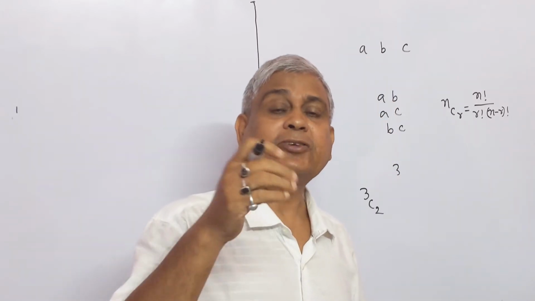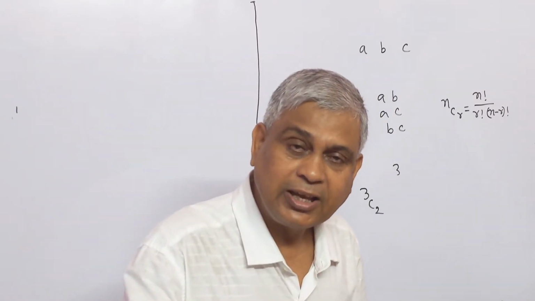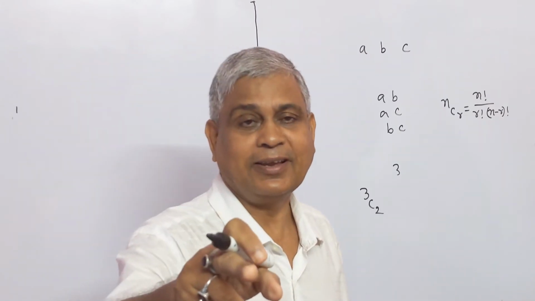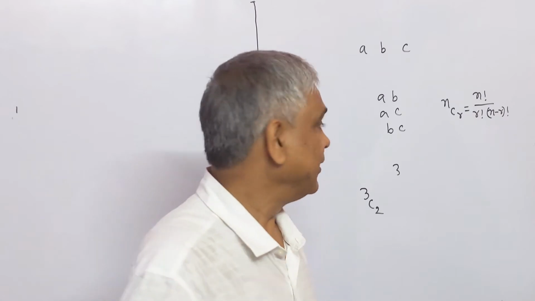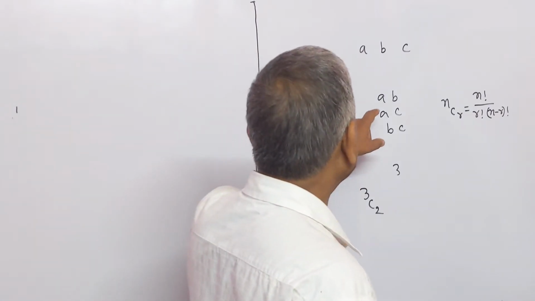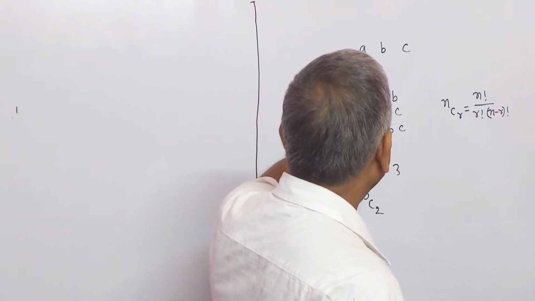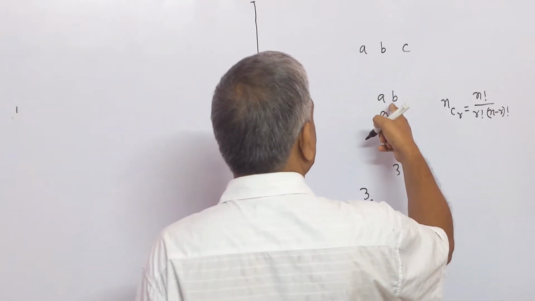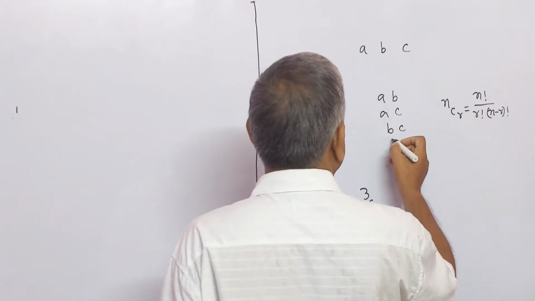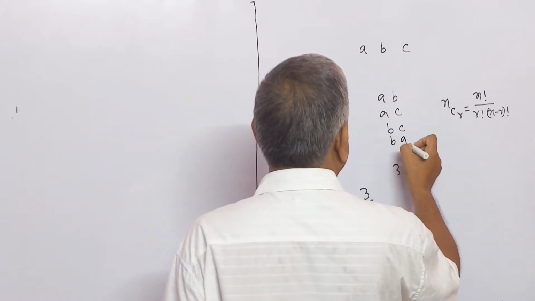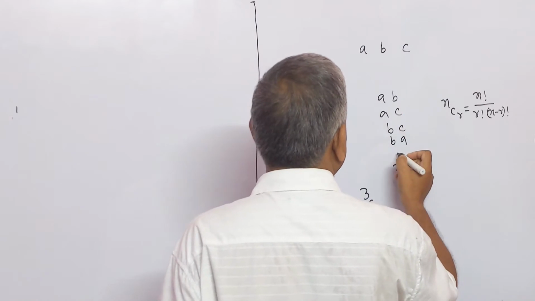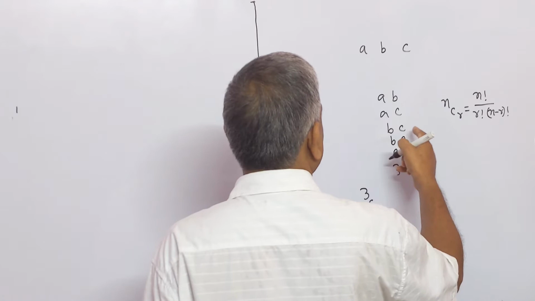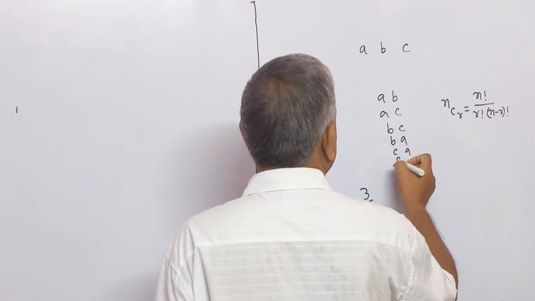If, in place of selecting two things, we speak about arranging two things out of three things, then we may arrange two things AB, AC, BC. Also, we may rearrange AB as BA, AC as CA, and BC as CB.